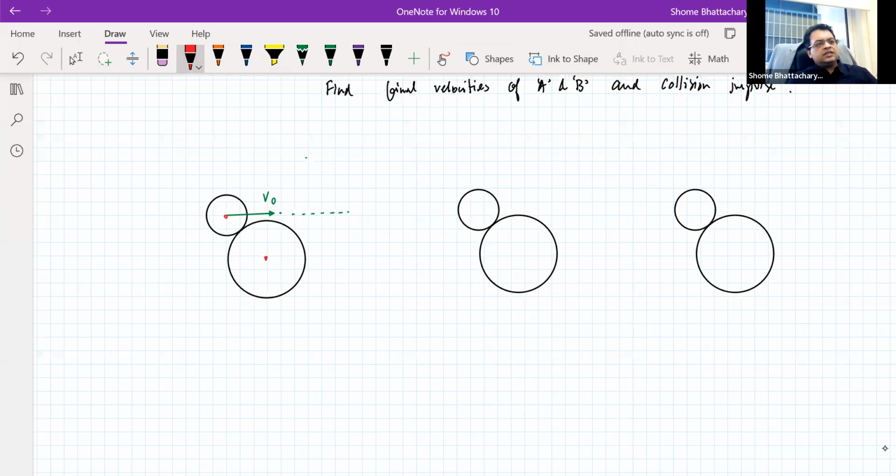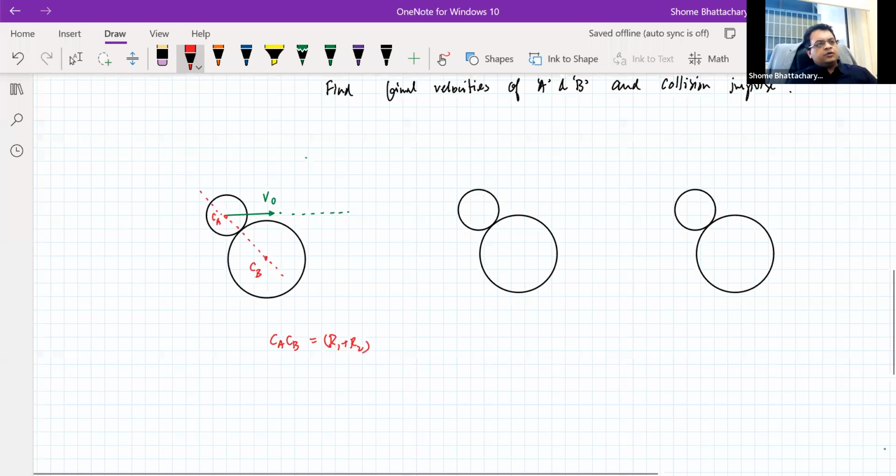Just as they are coming in contact, this is the center to center line. If this is the center of B and this is the center of A, then this distance CACB is R1 plus R2.